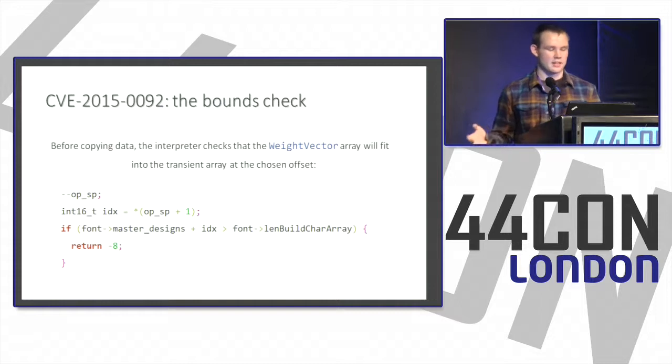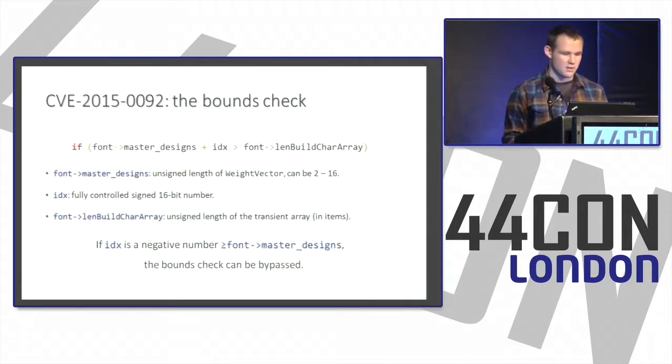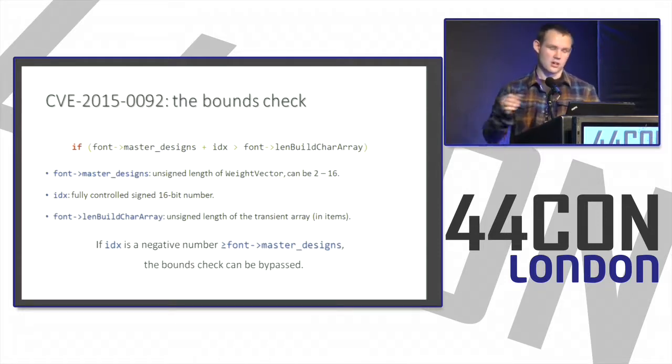Before copying the data, the interpreter would try to check that everything was fine and we wouldn't overflow anything. But it turns out that if you specify a negative value for the index, you could still cause an underflow of a maximum of 64 bytes.